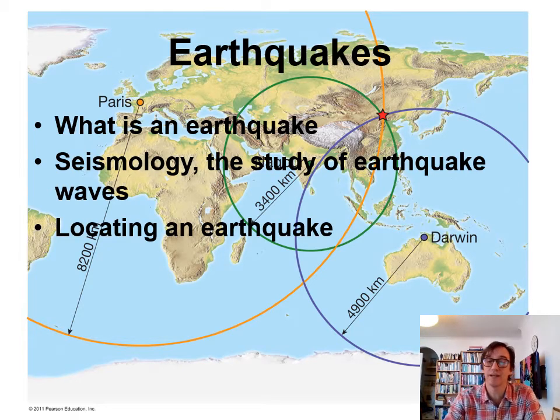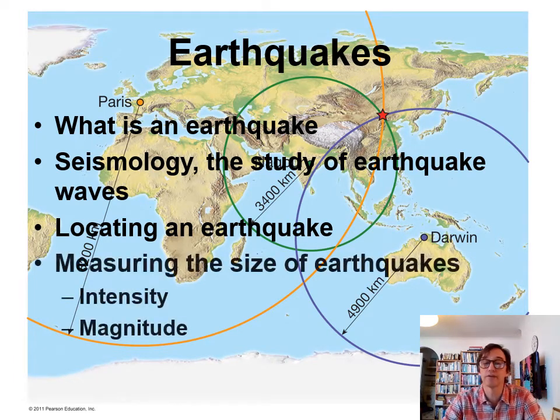The diagram at the back of this slide is linked to that. So how do we locate an earthquake when it occurs? We'll find out that for any earthquake anywhere on the planet, there's a system where we can measure these seismic waves and calculate the location of that earthquake.